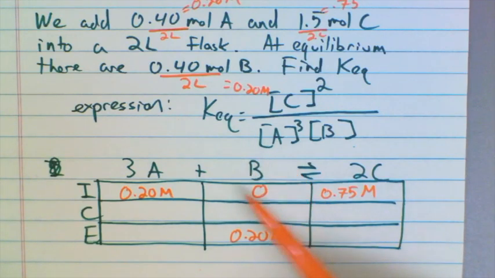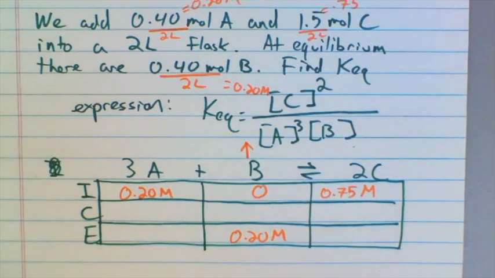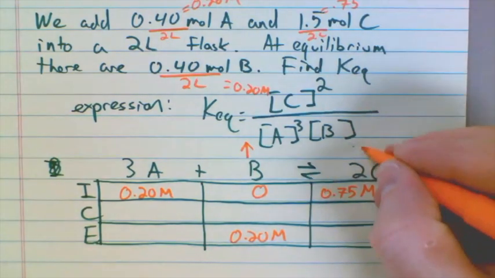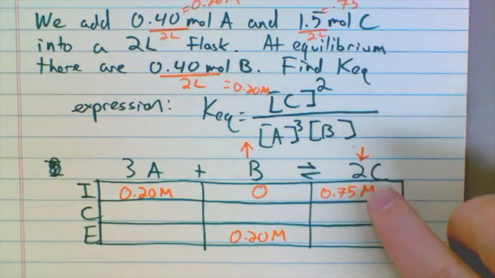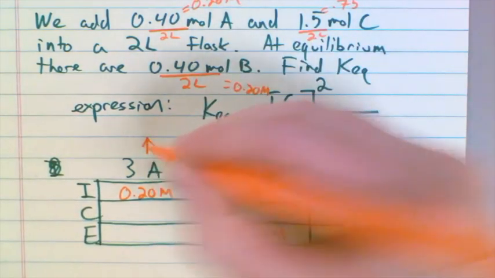So we have 0 B, right? What's going to happen to its concentration? It's going to go up. It has nowhere to go but up. Since it's 0, there's nowhere to go but up. So what's going to happen to the C then? It's going to go down. And if we're taking away C, what's it also going to turn into? A.